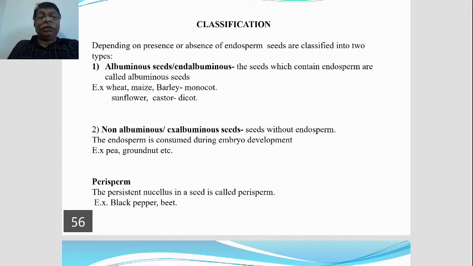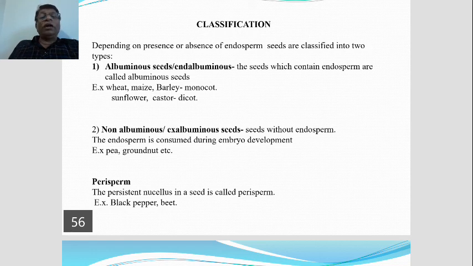So this nucellus, after the seed formation, in some plants, remains as a thin layer. It is called perisperm. What is perisperm? The persistent nucellus in a seed is called perisperm.